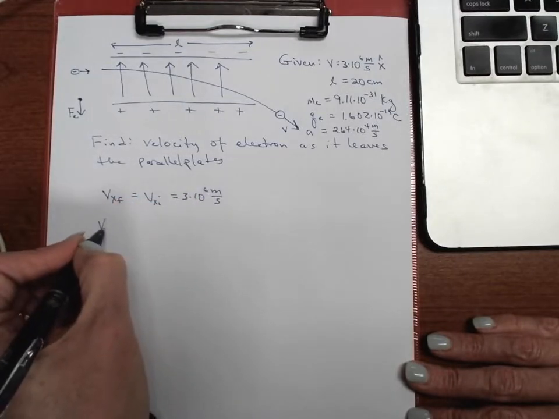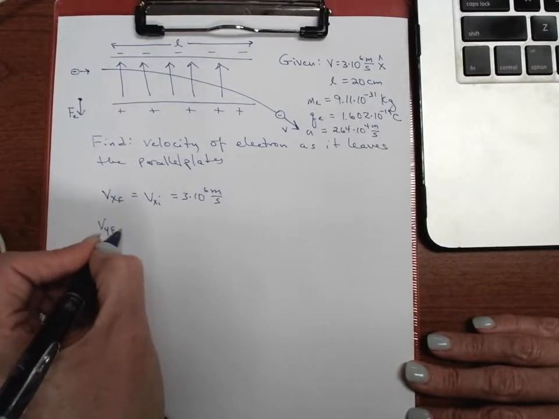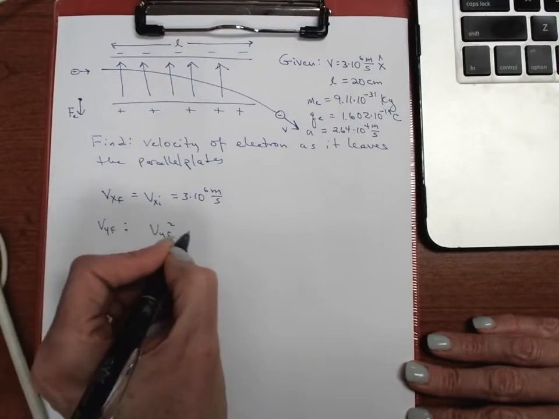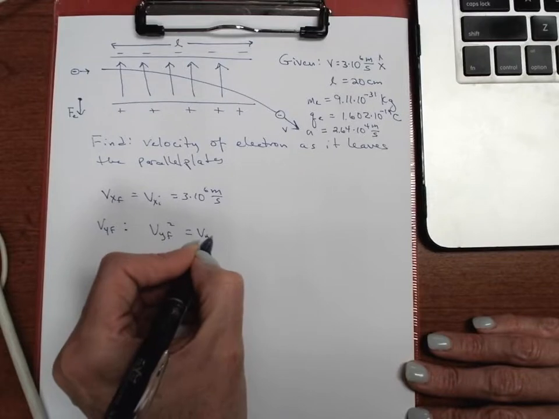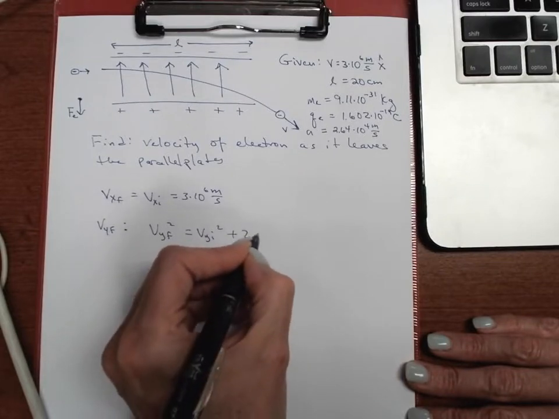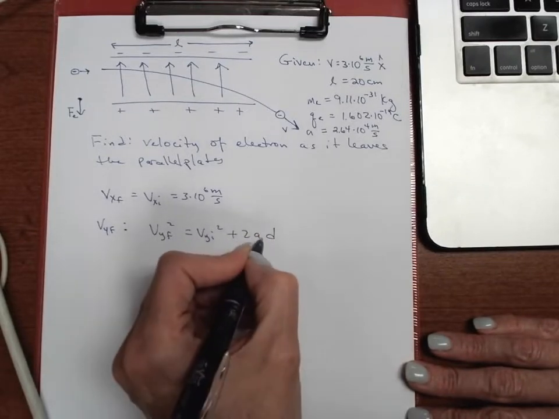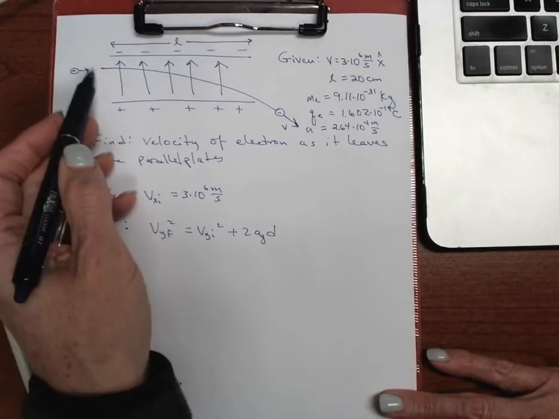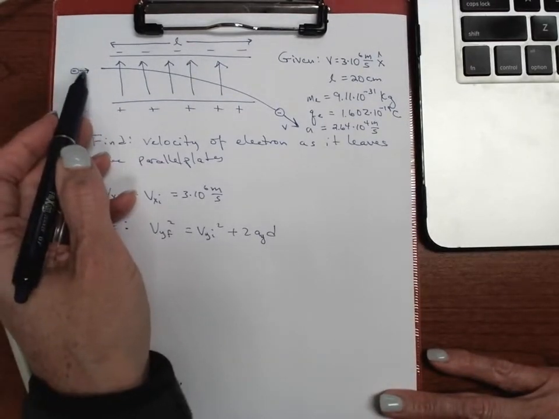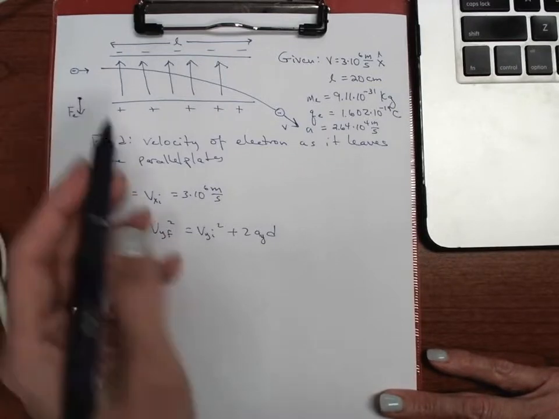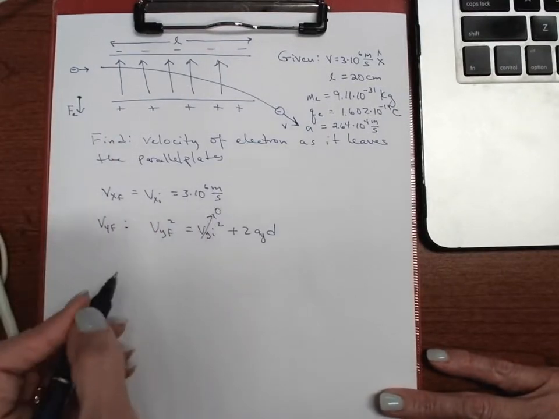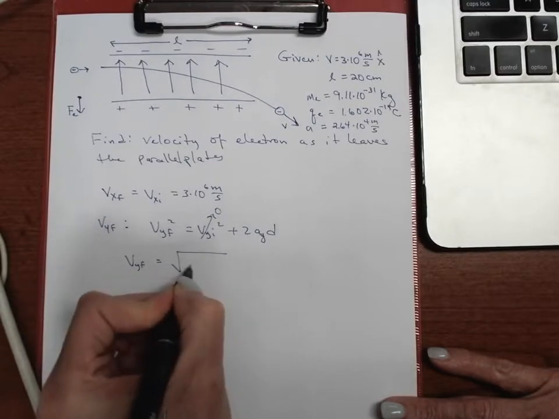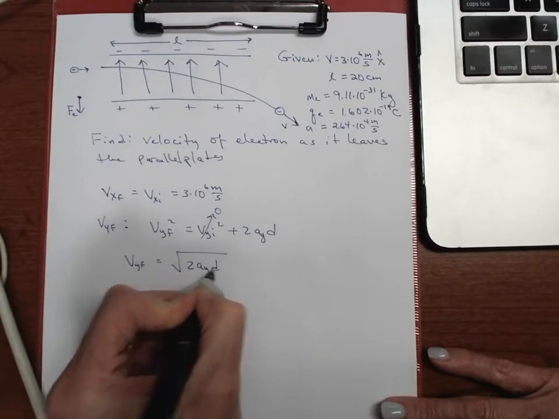For my Vy final, I'm going to use the equation Vy final squared is equal to Vy initial squared plus 2AD, in the y direction. I have no vertical velocity initially, so that goes to 0, and my Vy final is going to equal the square root of 2 times Ay times D.